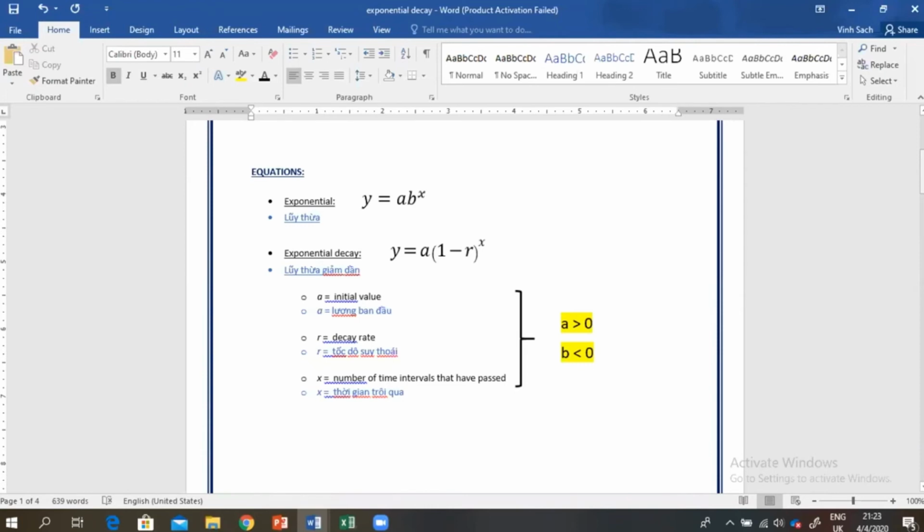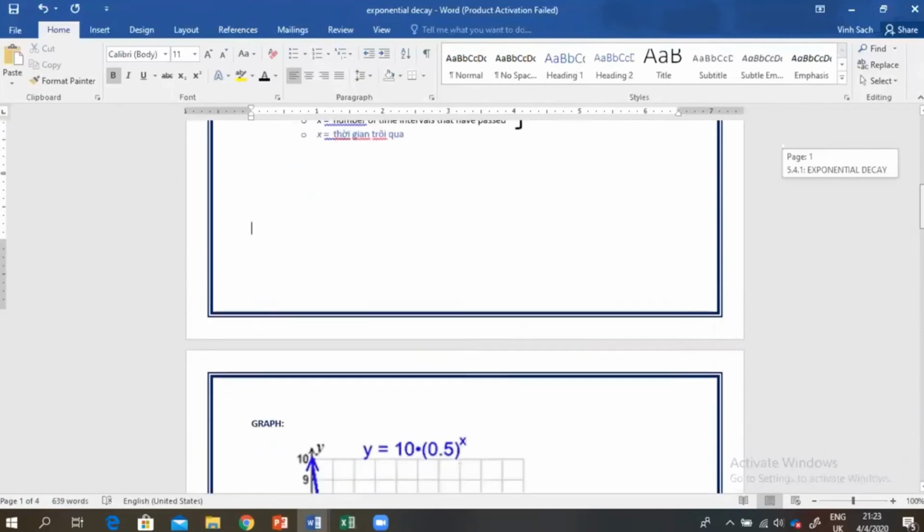And in here, a is the initial value, r is the decay rate, and x is the number of time intervals that have passed. And also the domain for these equations is that a must be larger than 0 and b must be smaller than 0.